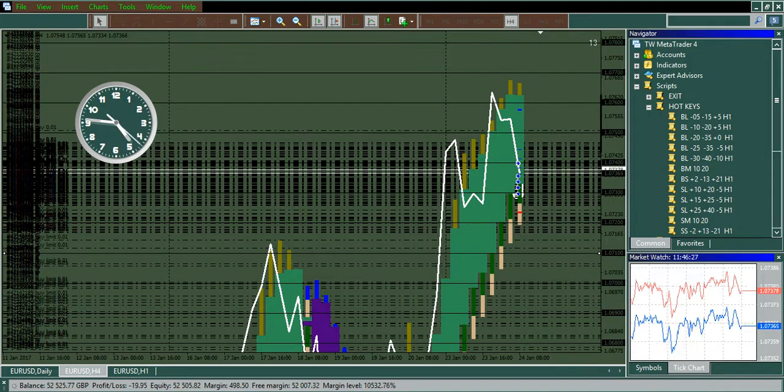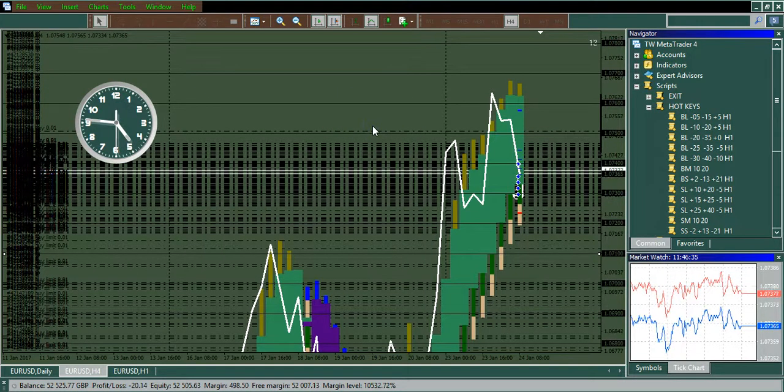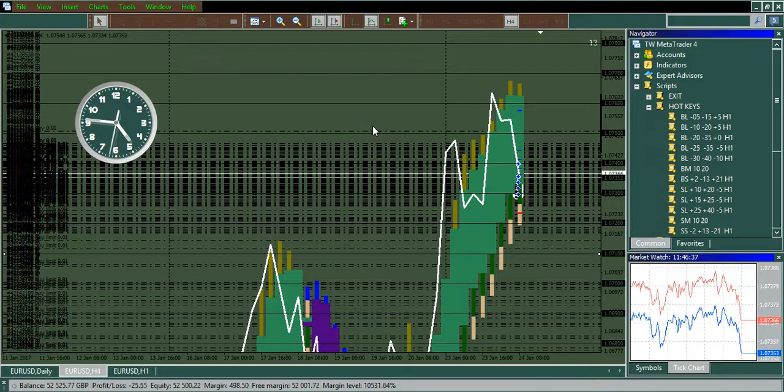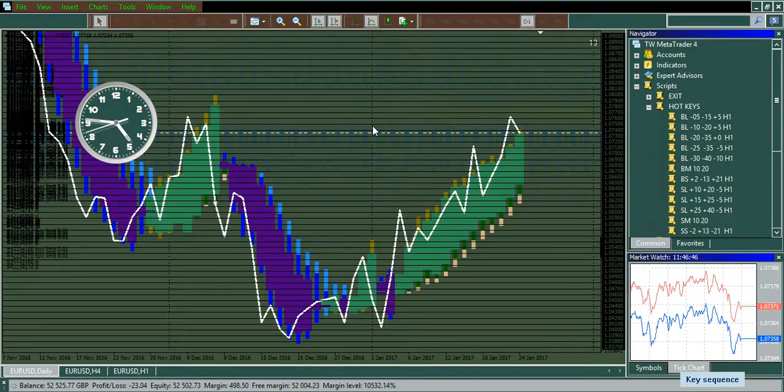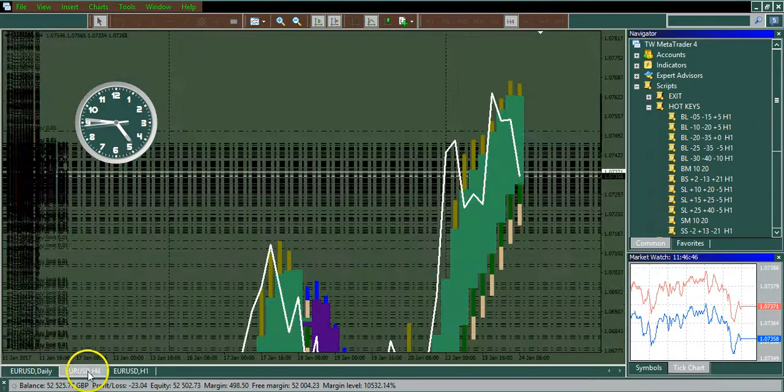New Zealand. Not New Zealand, I mean the Eurodollar here. So yeah, the wave of the dollar is really creating quite a bit of volatility here.